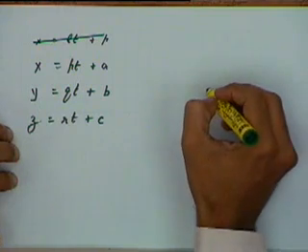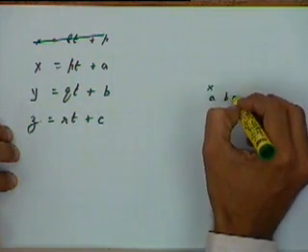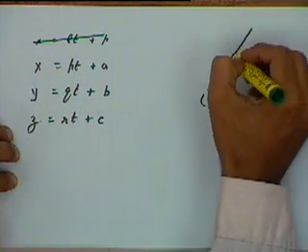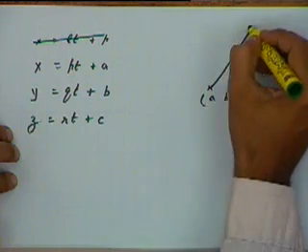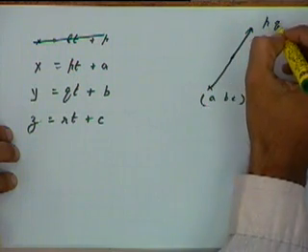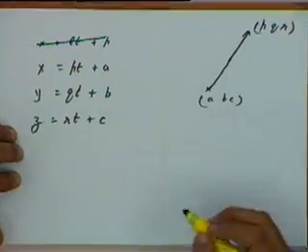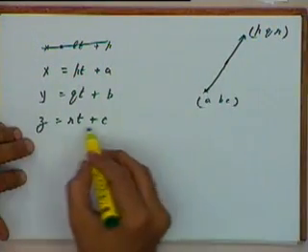So this was my point ABC, and this is the direction I am taking. So this is a parametric equation of this line.